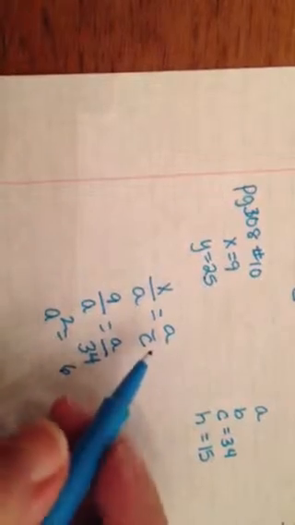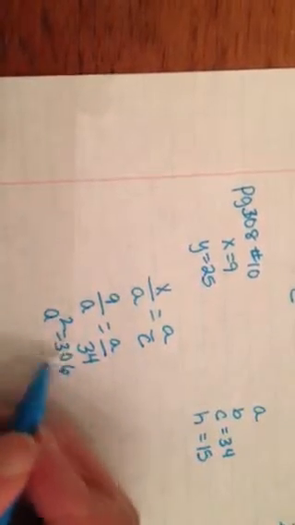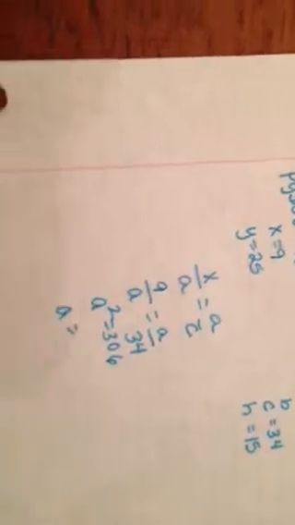It's 306. I don't have a calculator on me. Square root of 306, is it a perfect square? I don't think so. I think it's going to wind up being like 3 times the square root of 34. You can change it to a decimal if you want to.